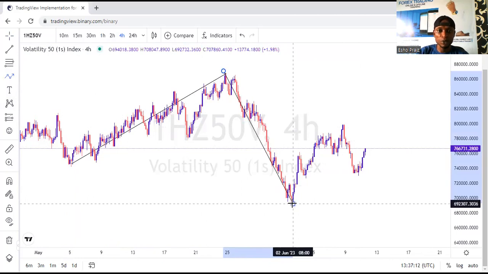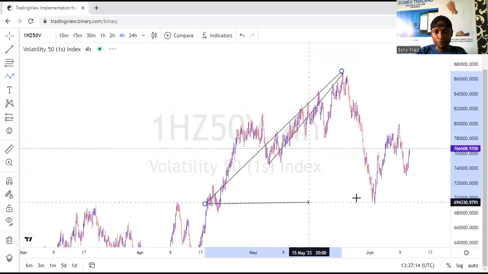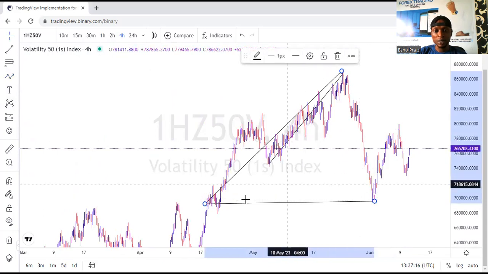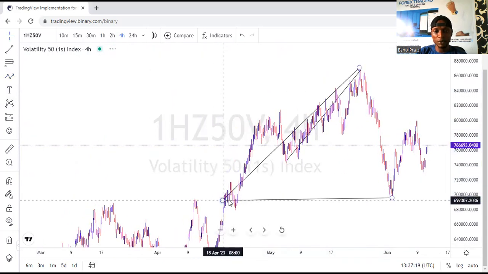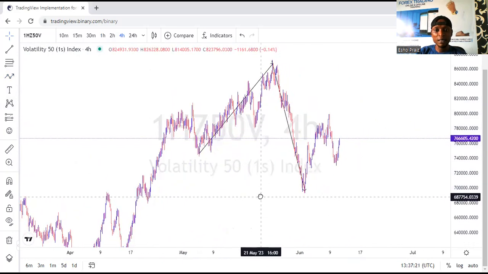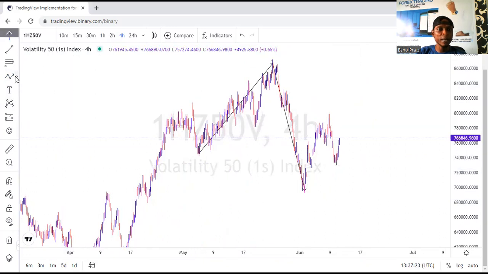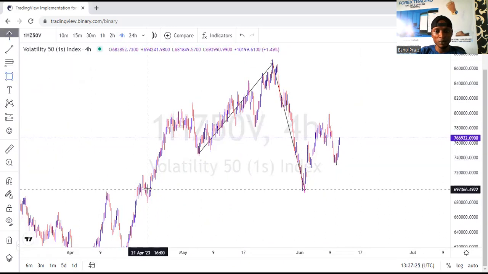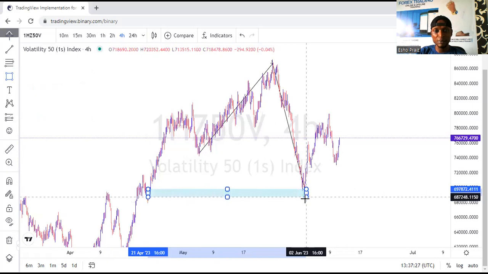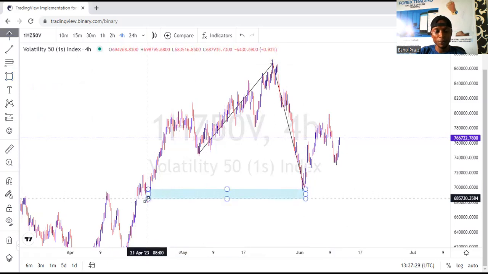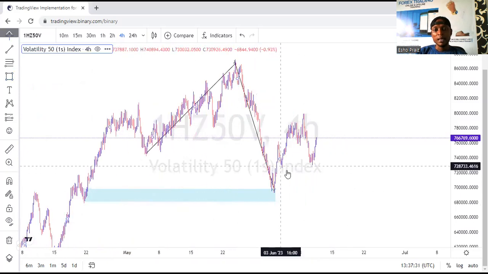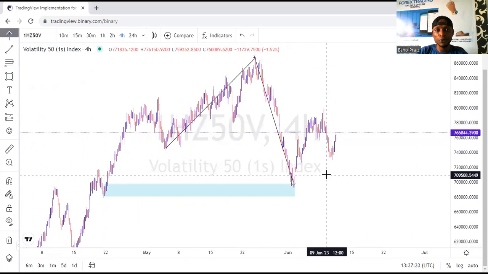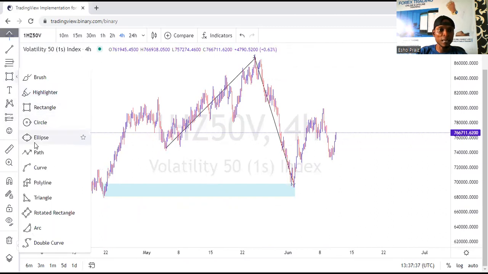After the market dropped to the downside, the market mitigates something here. And after that, the market changed structure from downtrend to uptrend, right? So this is an uptrend market.